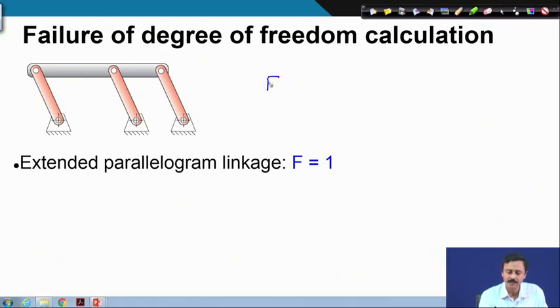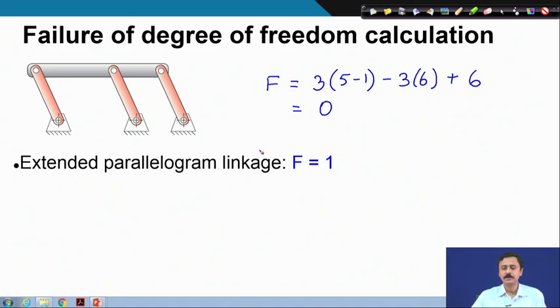According to our calculation, this has zero degrees of freedom, but actually this has 1 degree of freedom, and that is because the dimensions are very special.